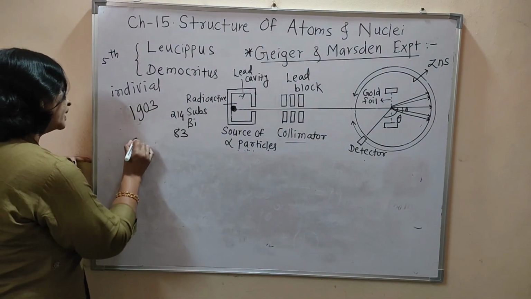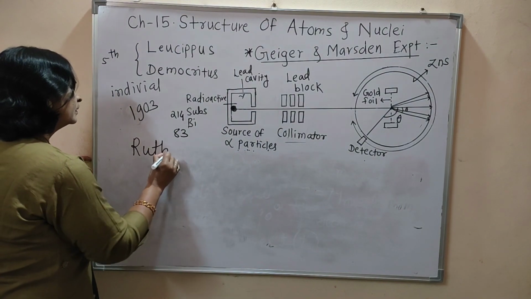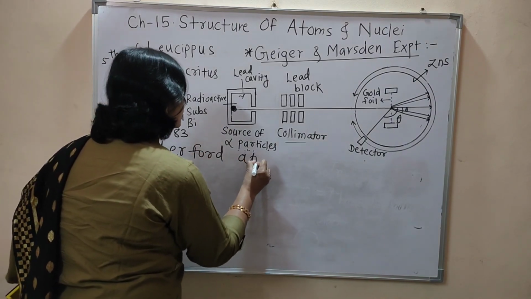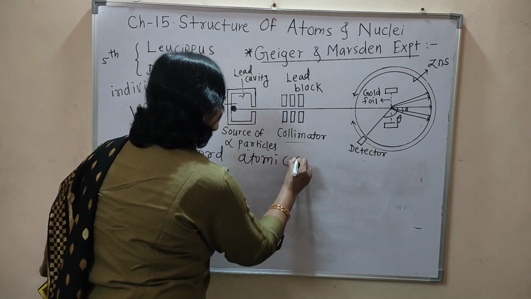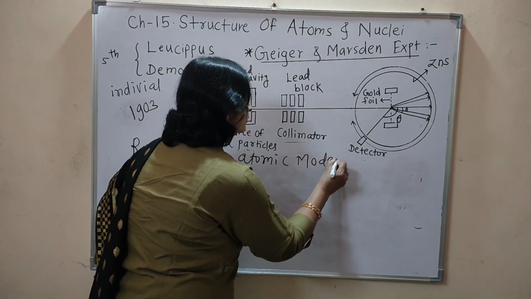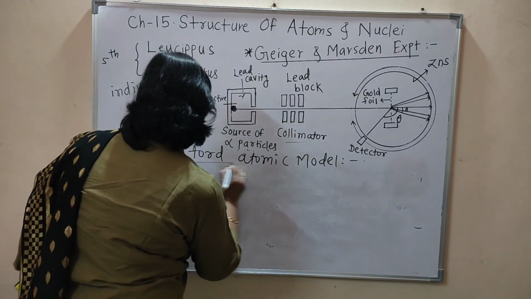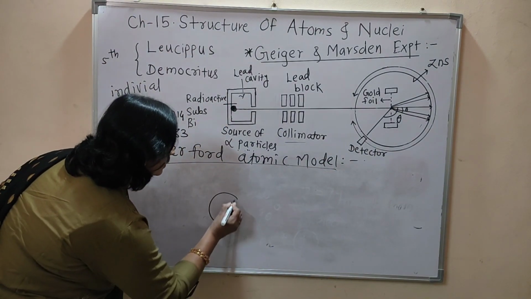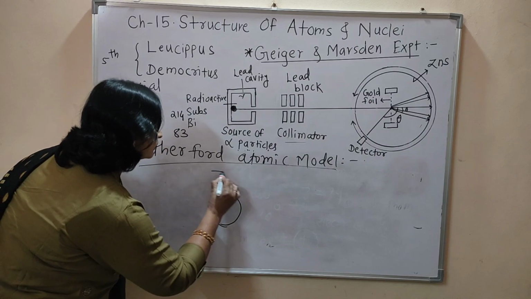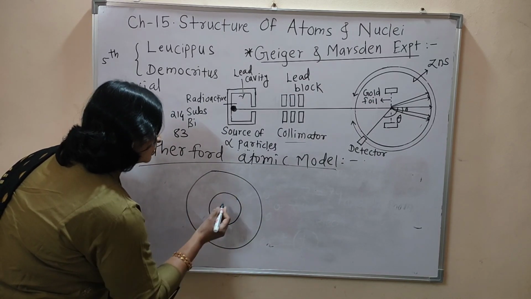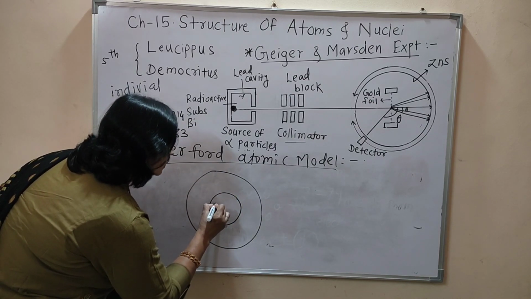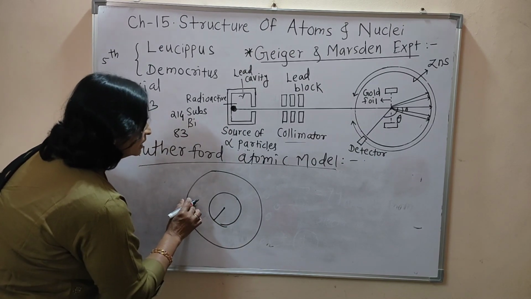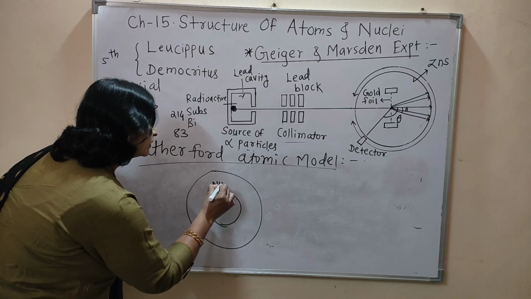Rutherford atomic model. Now in this model, the central part of the atom is called the nucleus.